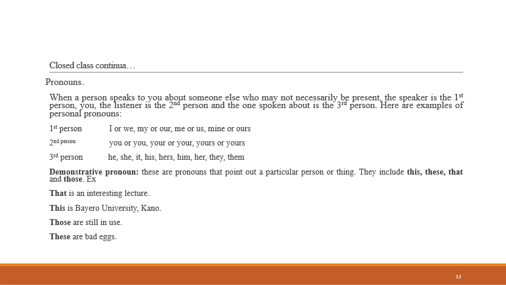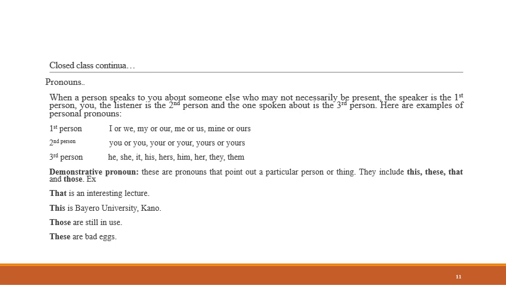Us indicating plural. Then we have mine and ours. Second person, you can have you or you. That's singular or plural. The first one is singular by assumption, and the second one is plural by assumption also. Your and your, then yours and yours, indicating to some extent possession.